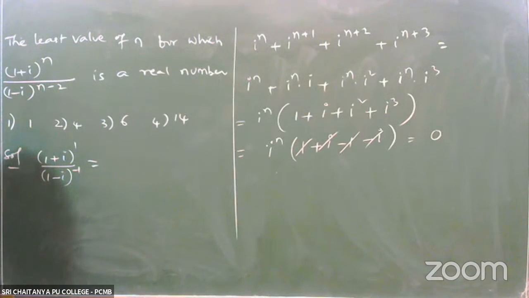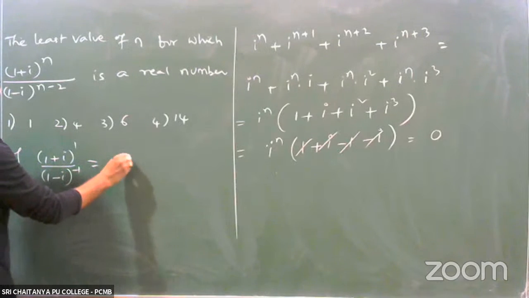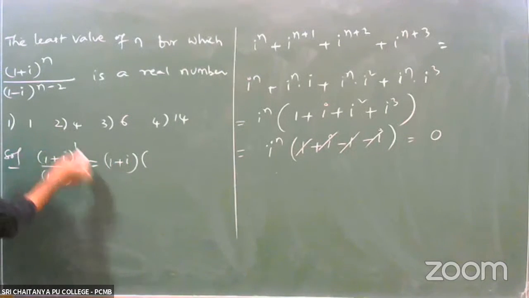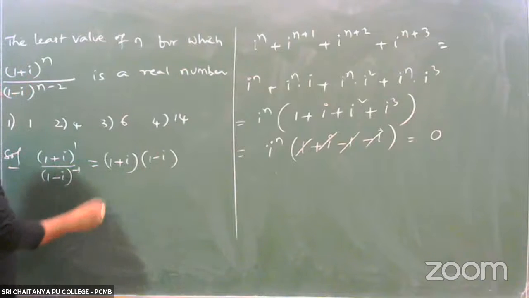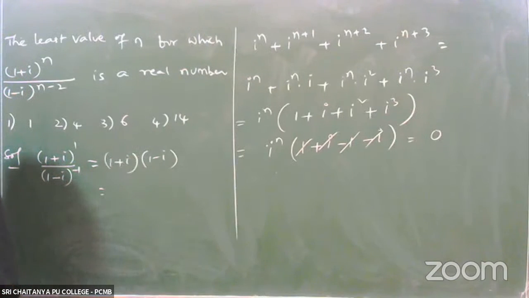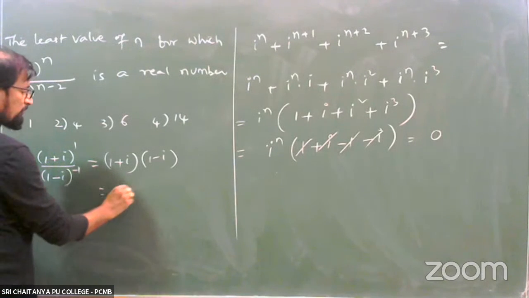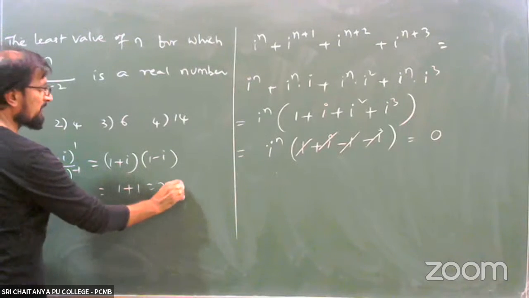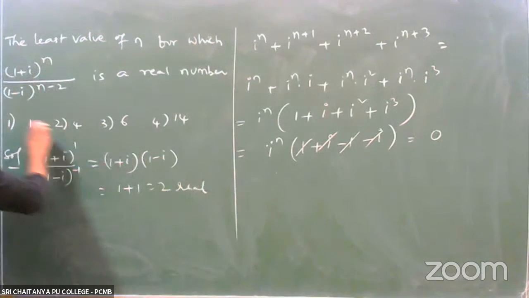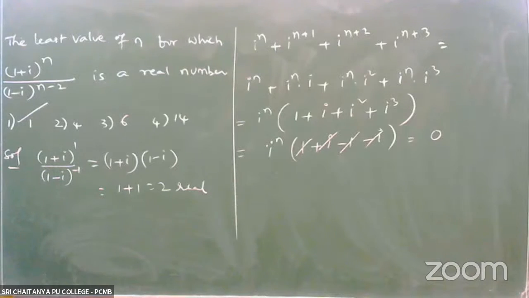You can write this as 1 plus i into, if this goes up, it becomes 1 minus i. A plus b into a minus b is a square minus b square. 1 minus i square, and i square value is minus 1. So 1 plus 1 is equal to 2, a real number. So the least positive integer is 1 itself. Copy this one through verification.